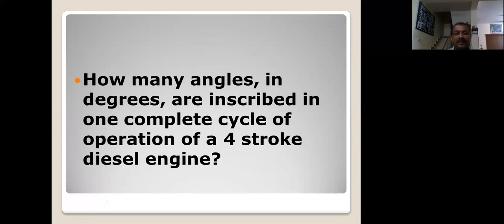Then the question is, how many angles in degrees are inscribed in one complete cycle of operation of a four-stroke diesel engine? In one cycle of operation of a diesel engine, the crankshaft is making two revolutions.